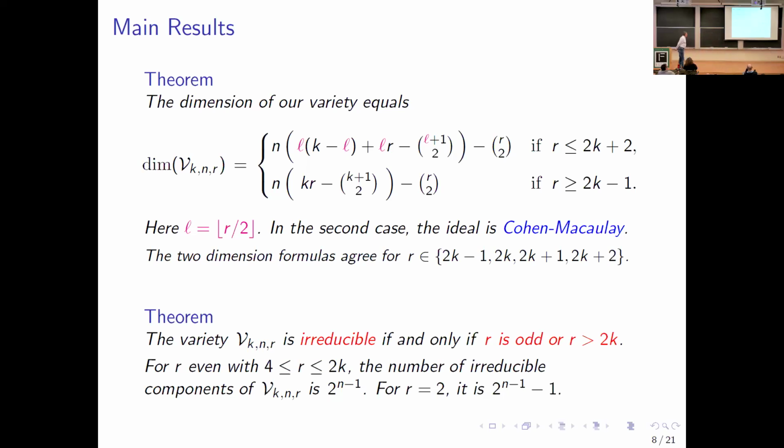Now in the even case, when that fails, so if R is even and in the low rank regime, if R is even and between 4 and 2k, the number of irreducible components is 2 to the n minus 1. But in the quiz case, where R is 2, we lose one component. It's 2 to the n minus 1 minus 1.